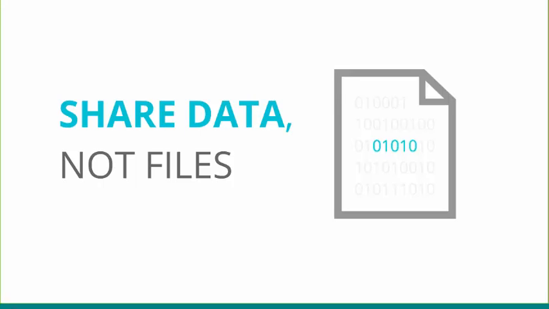And so what's our secret sauce, our recipe? Well, one of the key things about Flux is that we talk about sharing data and not files. The idea of the BIM model, the idea of your sketch model totally exists, and that is exactly how it should be.